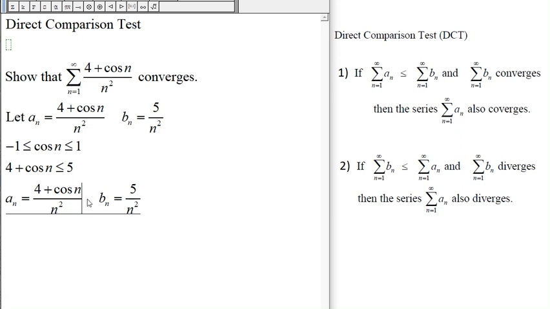And so now we can say that this is less than or equal to b sub n.